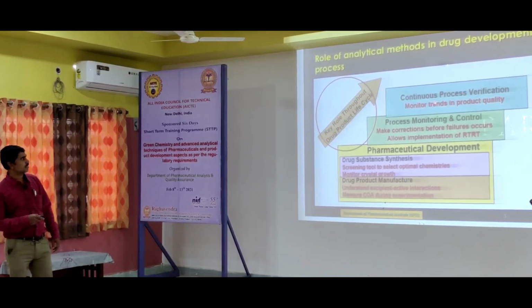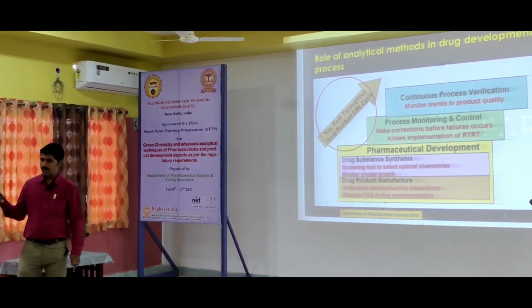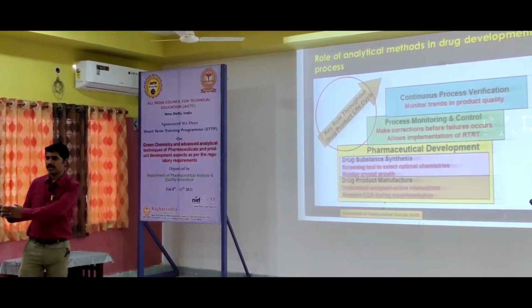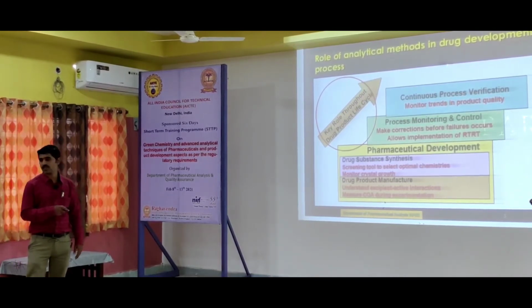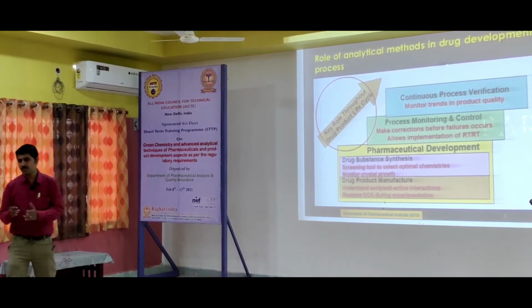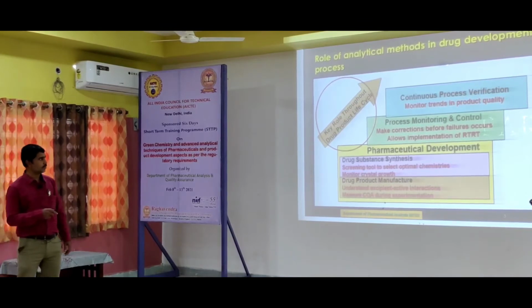The first one is continuous process verification, monitoring trends in product quality. The chemistry person will synthesize a product, the API. There the analytical person will check whether the product is good or not. First, whether the product is formed or synthesized or not, that they have to check. Then we have to see the product quality, whether it contains any impurities or not.